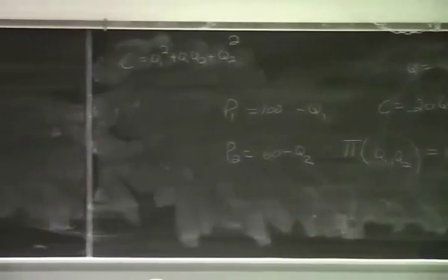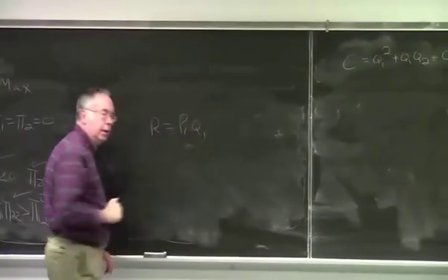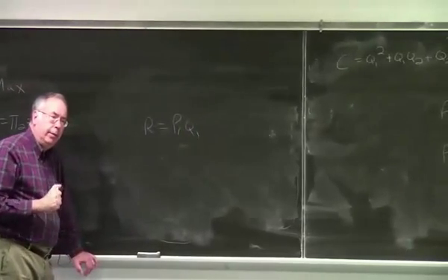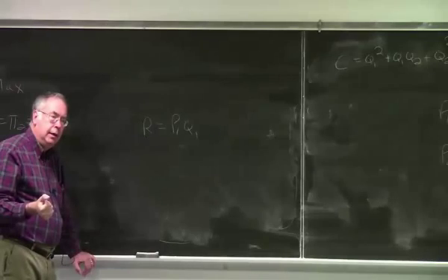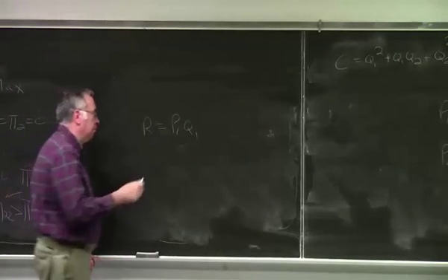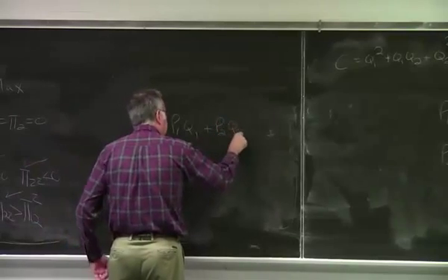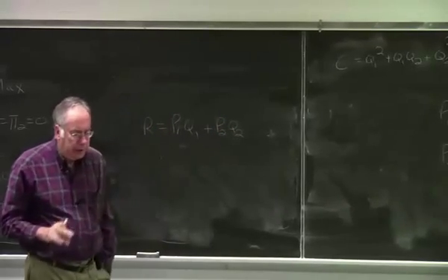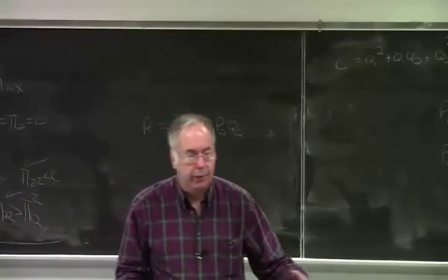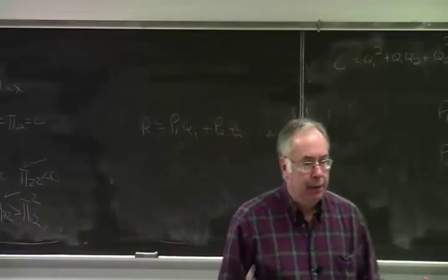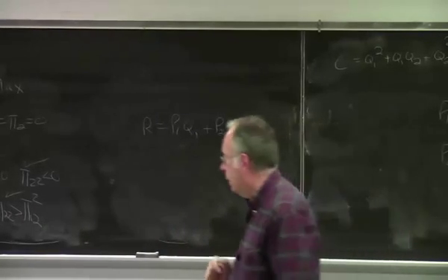Yeah, the revenue will be the revenue from product 1, P1Q1, plus P2Q2. But this revenue function is expressed as a function of P1, P2, Q1, Q2. How do we simplify this? What kind of substitution are we going to do, Ben?